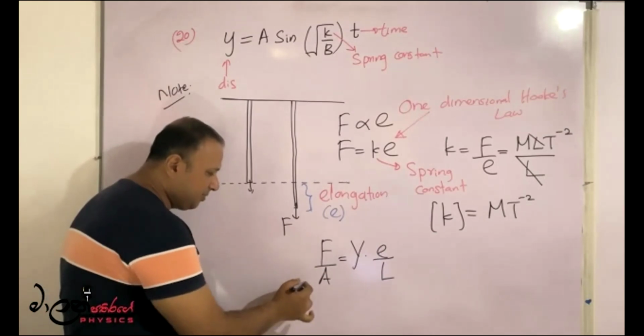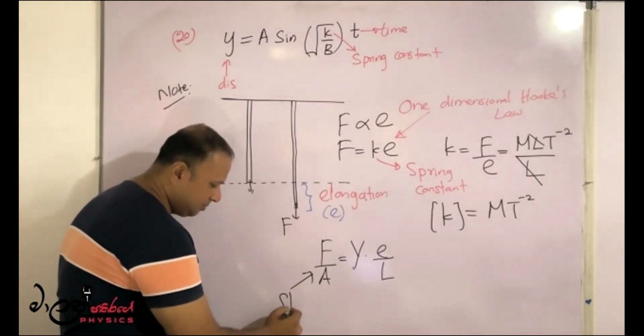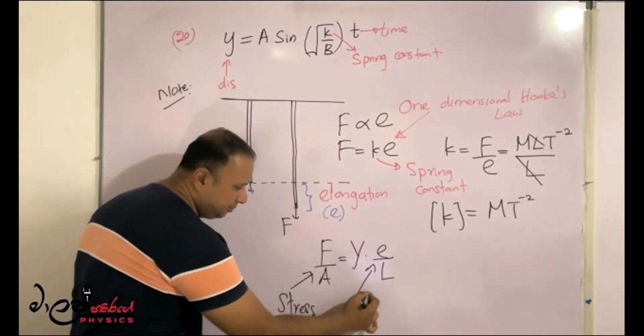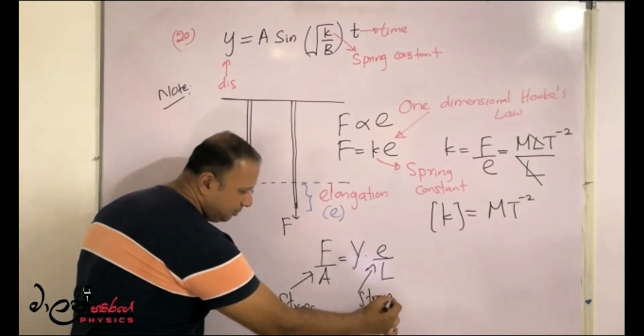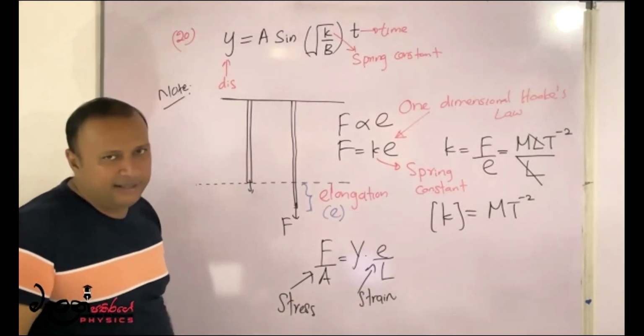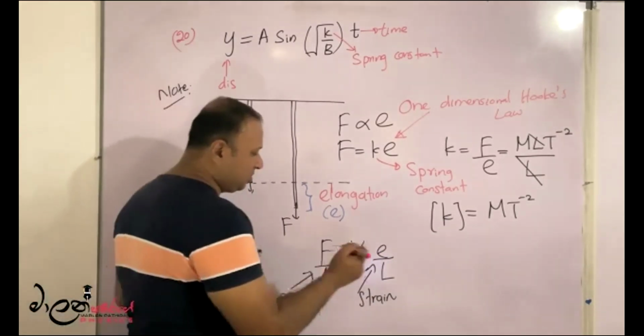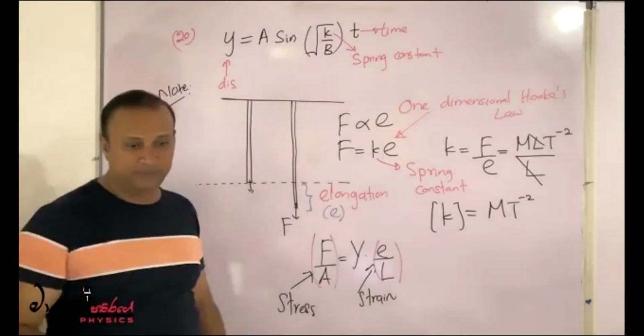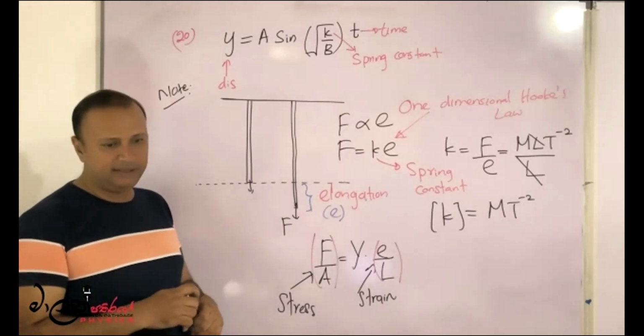This one is stress. This one is strain. This one, strain means E over L. Stress means F over A. Right?